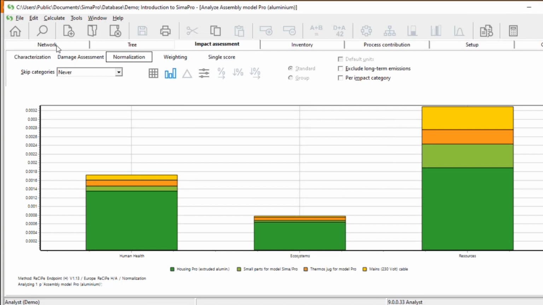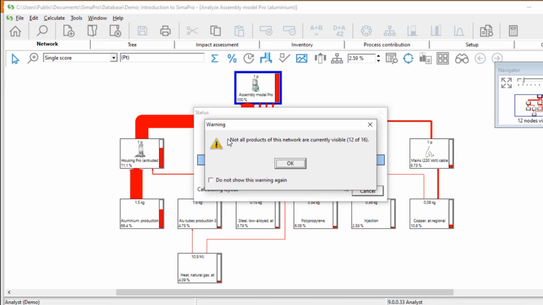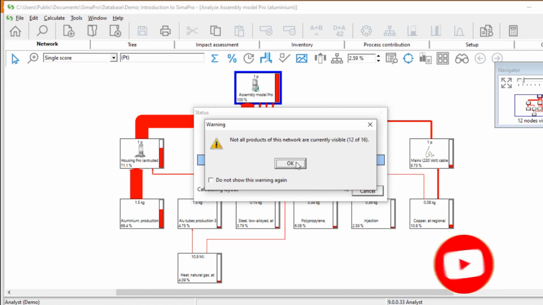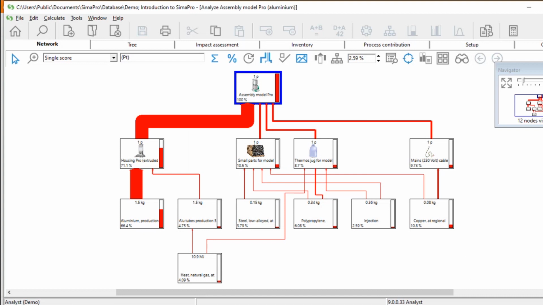So first one is the network. Once you click network, you will get this pop-up window, which says not all products of this network are currently visible. 12 out of 16 are visible here. Just click OK, and this is because of your cutoff. Node cutoff is something you can play with, so that you can get more nodes.